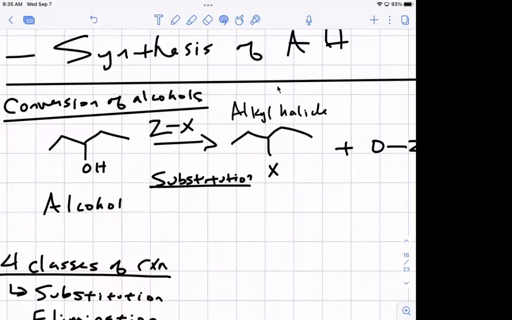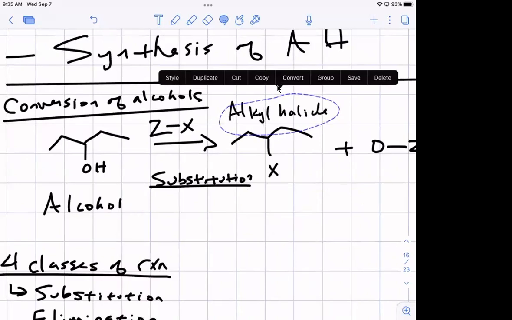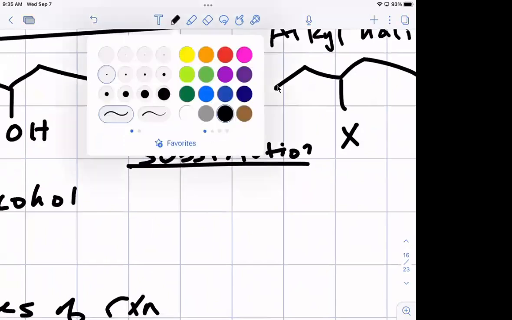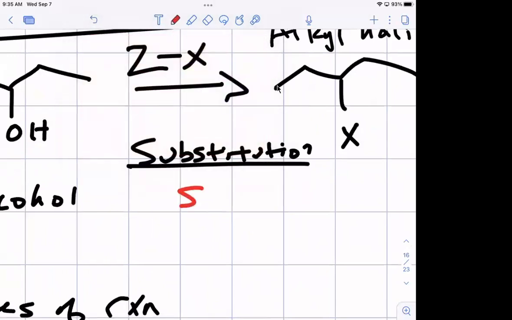There are many, many substitution pathways, but you were introduced to only two in part one. One of them should have been SN1 and the other SN2. Does that sound familiar? Yes, okay.